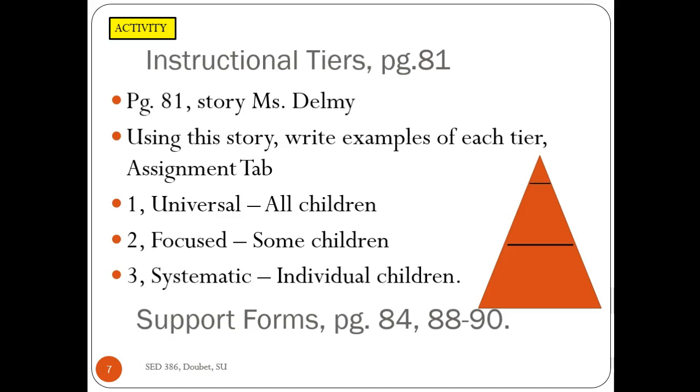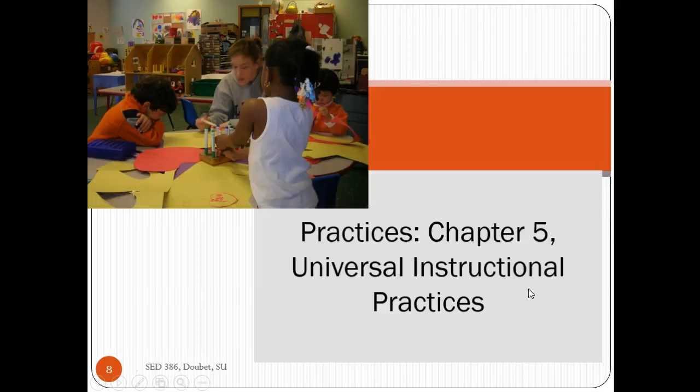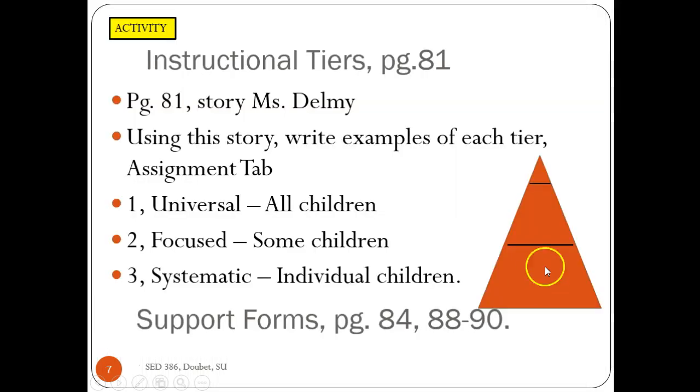So let's talk for a minute about the 3 tiers. You can see that the universal tier, which is this bottom one, is the largest area because all children need support. When we talk about universal instruction, we're talking about those high-quality interactions that we want to hear and see happening between teachers and children and between the adults in the classroom.